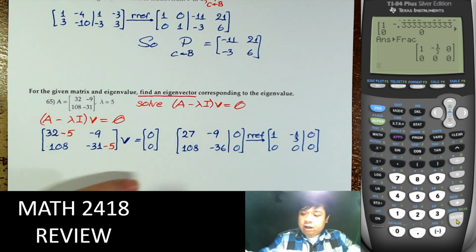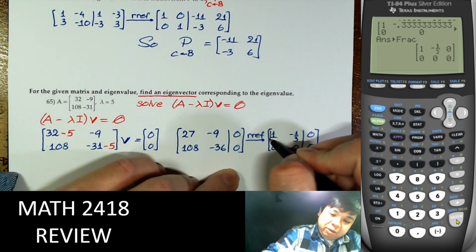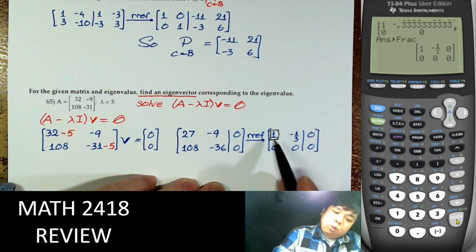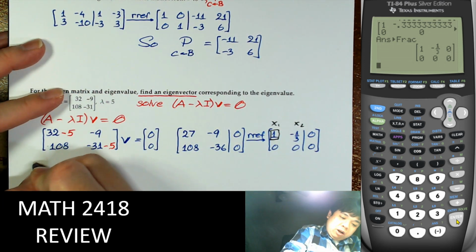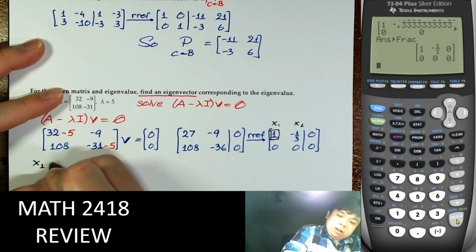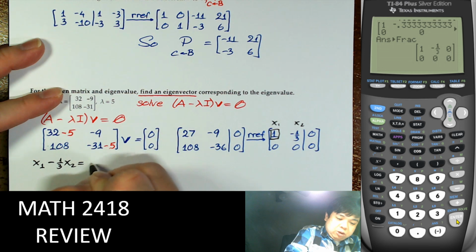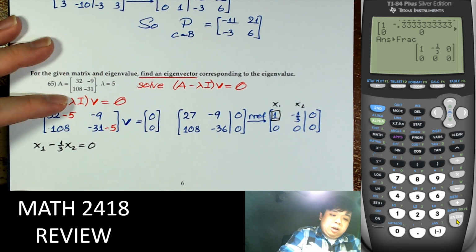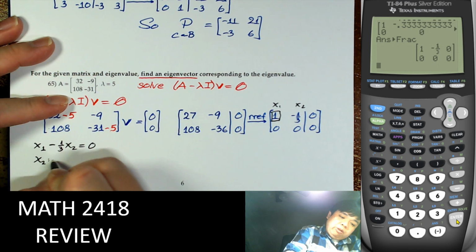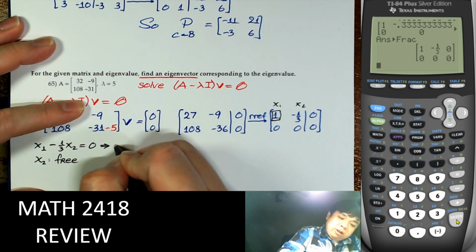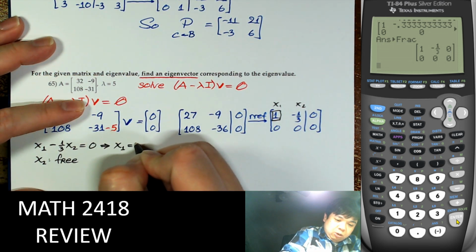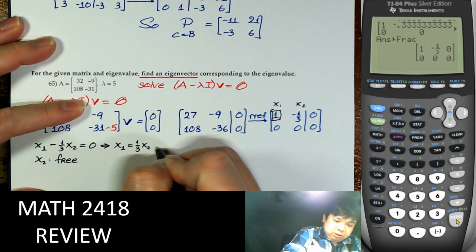Right, now because the pivot is here, we can say x1 minus 1/3 x2 equal to 0, where x2 is free. So with that we have x1 is equal to 1 over 3 x2.